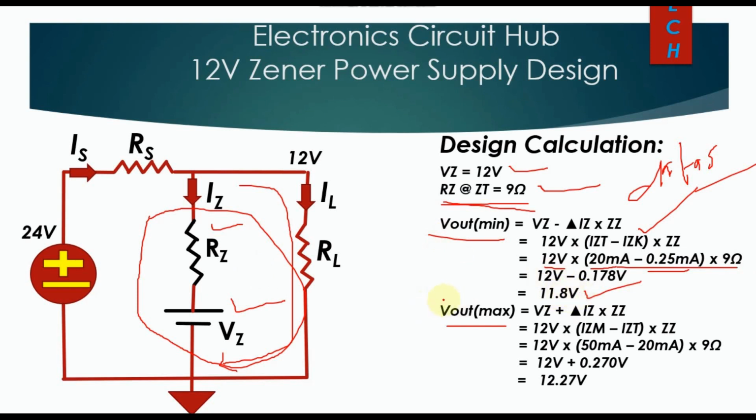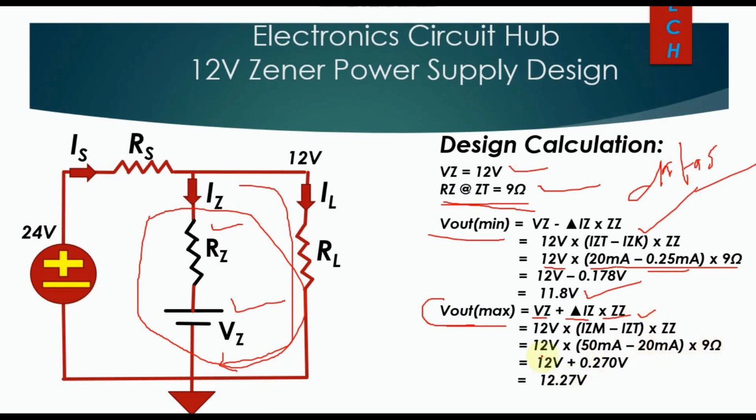So what would be your maximum output voltage? For the maximum output voltage, you again apply KVL. So Vz plus delta Iz into Zz. For this, Vz is 12 volt plus delta Iz, where Izm is the maximum Zener current flowing through the Zener diode, minus Izt, into Zz. So 12 volt plus 50 milliampere minus Izt 20 milliampere into 9 ohm.